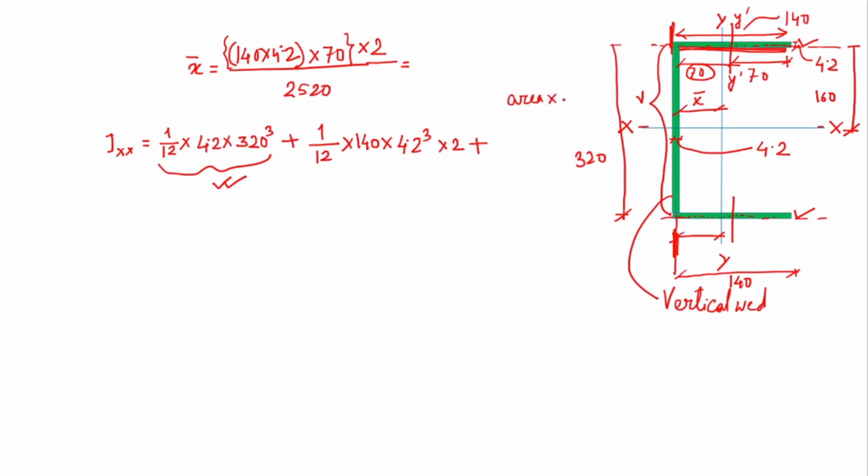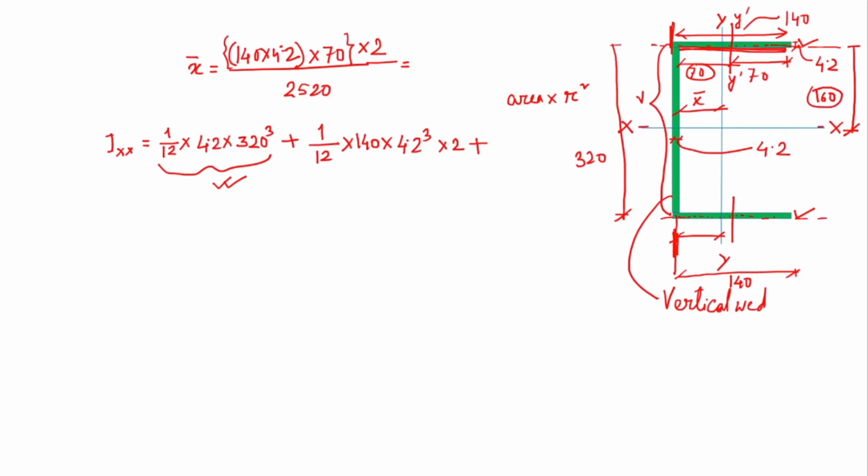into distance square. This distance is in between the x-axis of the horizontal part of the weld from the overall x-axis of the weld, which is 160 in this case.